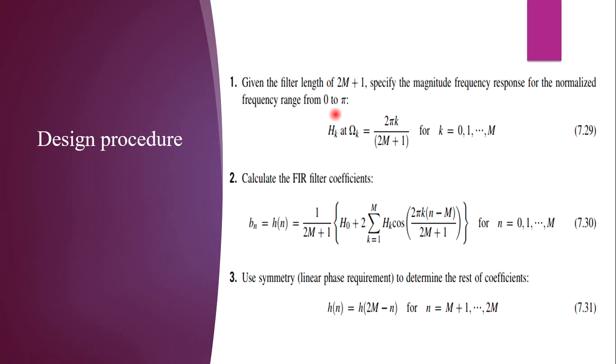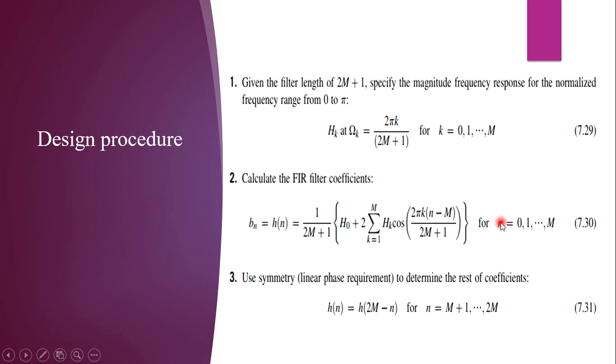So from that we will calculate m. Then we will calculate the filter coefficients by using this long formula: 1 over 2m plus 1, h naught plus 2 sigma k equal to 1 to m, h of k cos 2 pi k (n minus m) over 2m plus 1.